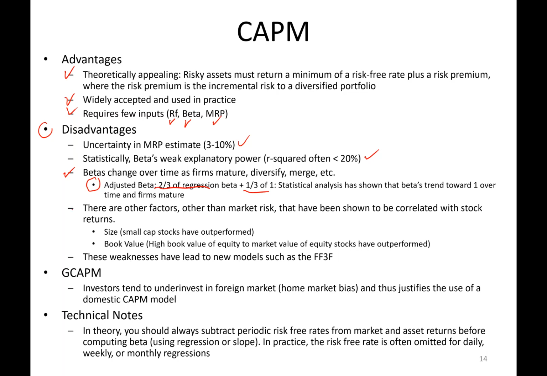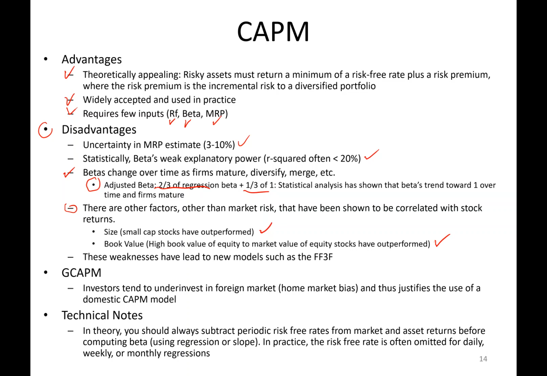Also, another disadvantage of CAPM is it says the only risk factor that matters for stocks is beta, its sensitivity to the overall market. However, there have been persistent characteristics that have led to overperformance of stocks. For example, small cap stocks have tended to outperform large cap stocks over the long run, and stocks with high book value of equity over market value of equity have tended to outperform the others.